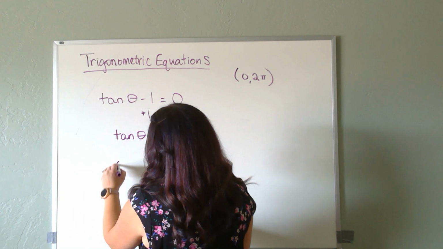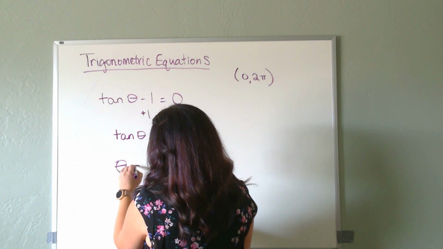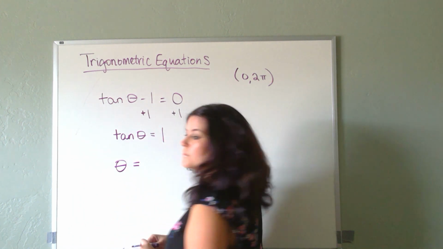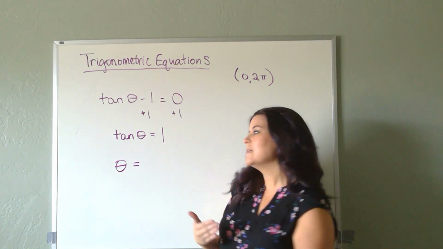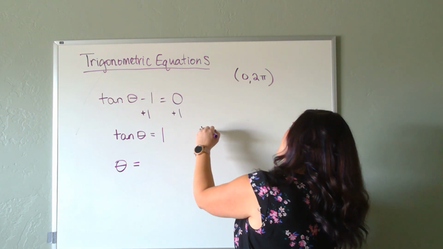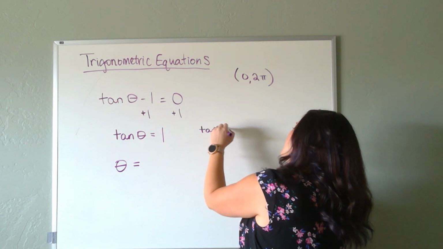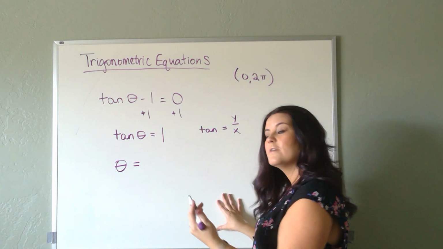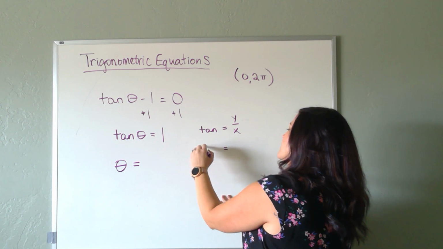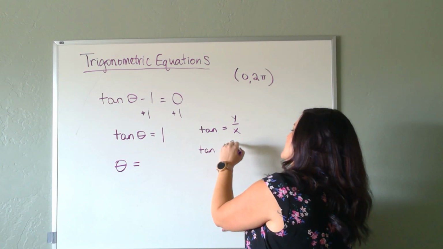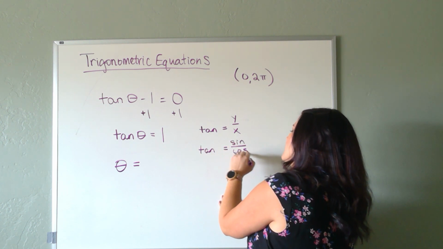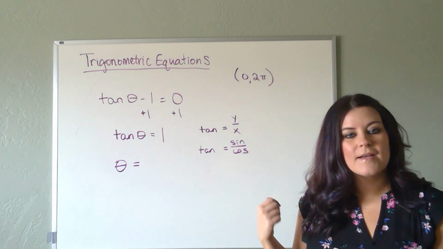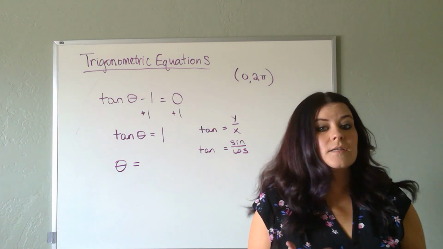So on 1 rotation, so between 0 and 2 pi for tangent, remember that tangent is always y over x. You can also think of it with the quotient rule. So another way to see tangent is sine over cosine. And I'm going to have to use this fact to find the places where tangent is 1.